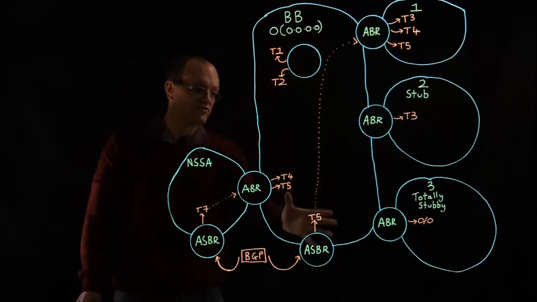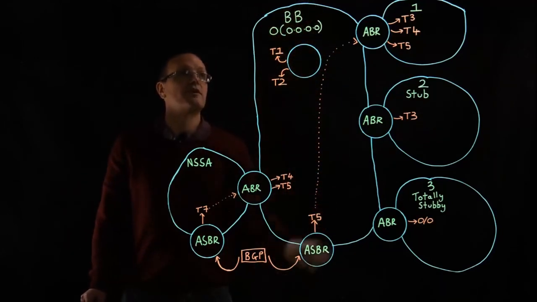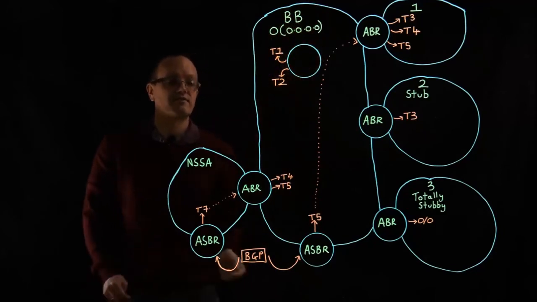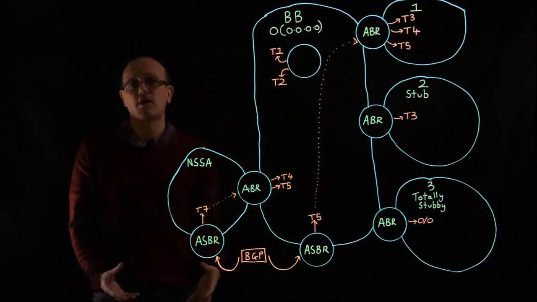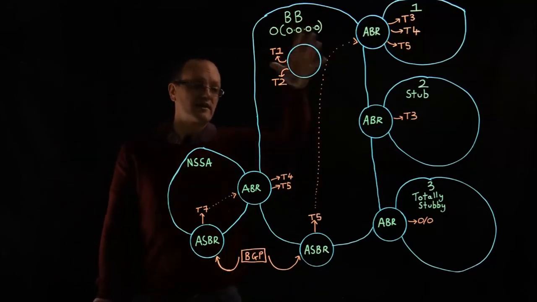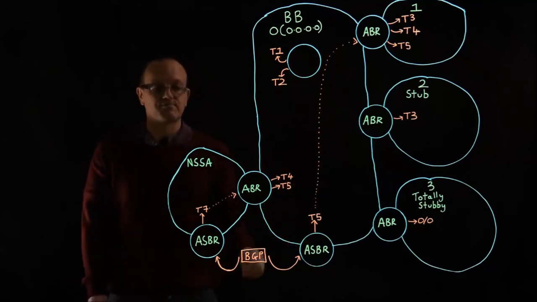Imagine that this is just this central area that we've drawn on the blackboard here, this backbone area, area 0. And within this area, you have multiple OSPF routers, all interconnected with various different link types.